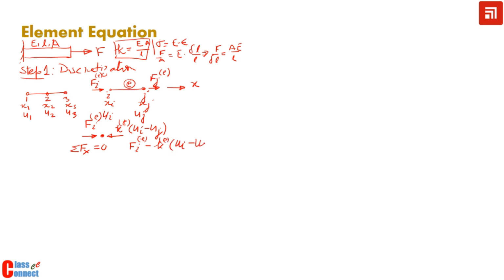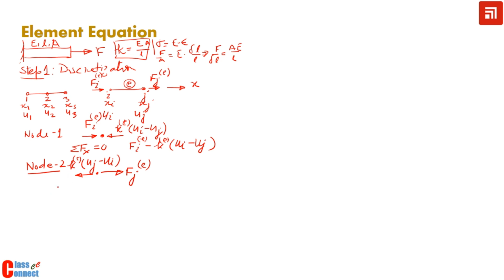here also the superscript e will be there, k times ui minus uj. Now we can write the equation for node number 2. Here if uj is more, then it will be extended and the force will be applied in this direction, and this force is equal to ke times uj minus ui.